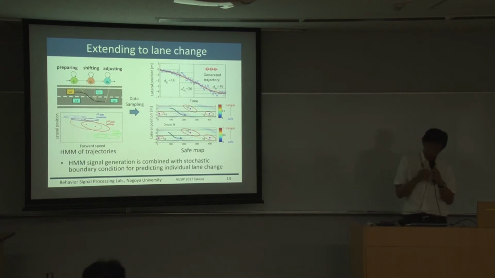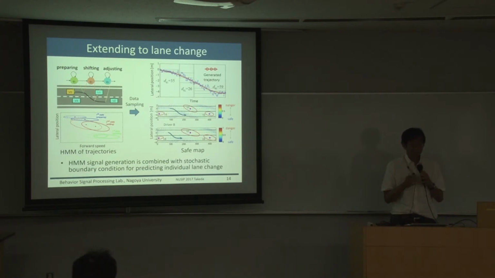So those three modes or states naturally have different data distributions. Therefore, we can train a Markov model. Each of the states has a different data distribution. And in this particular case, the model is a special Markov model, a hidden Markov model.